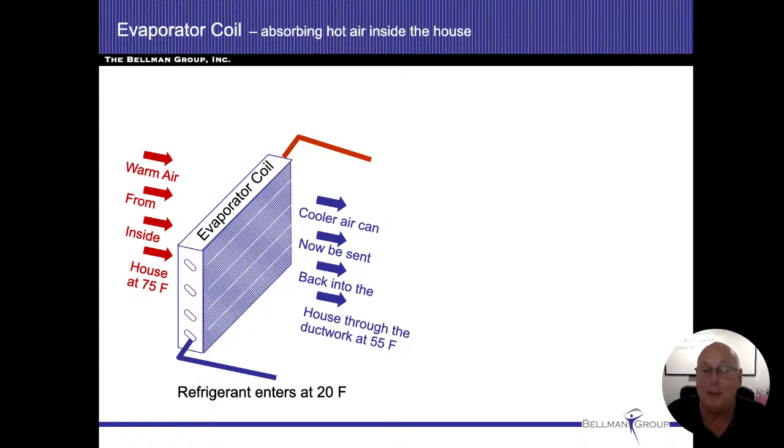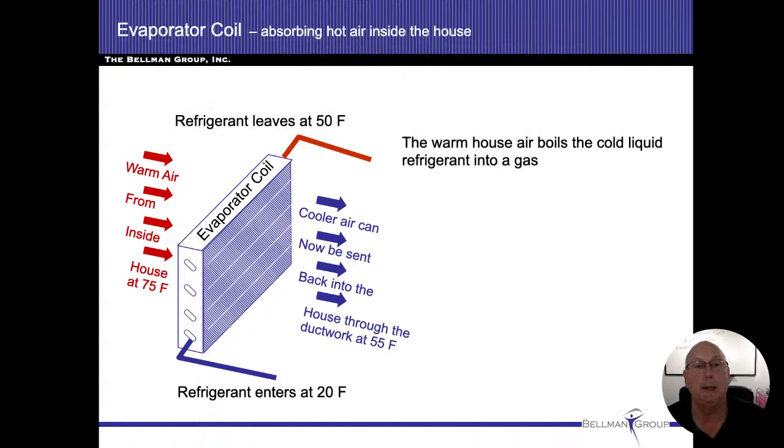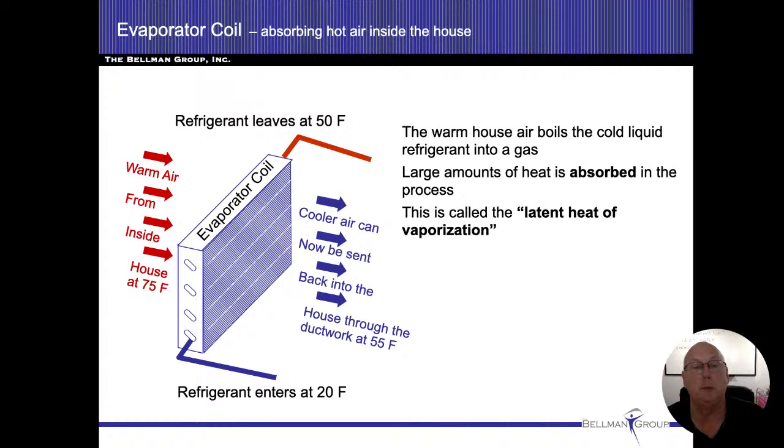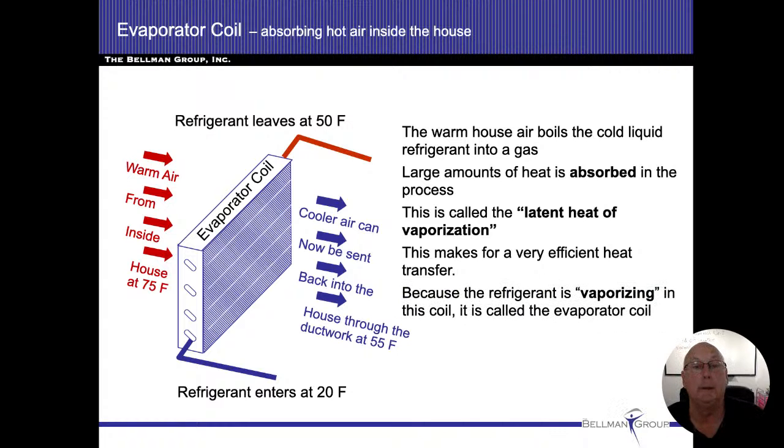And this is a simple test we can do as well. It's going to change from a liquid to a gas, and as it changes, it's going to absorb the heat in the air that is blowing over the coils. So it comes in as a liquid at 20 degrees, absorbs heat from the house, and then the refrigerant leaves as a gas at roughly 50 degrees.